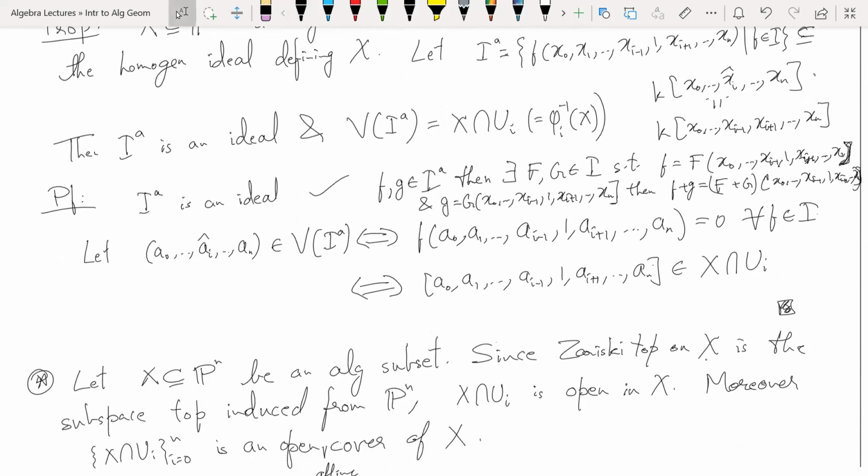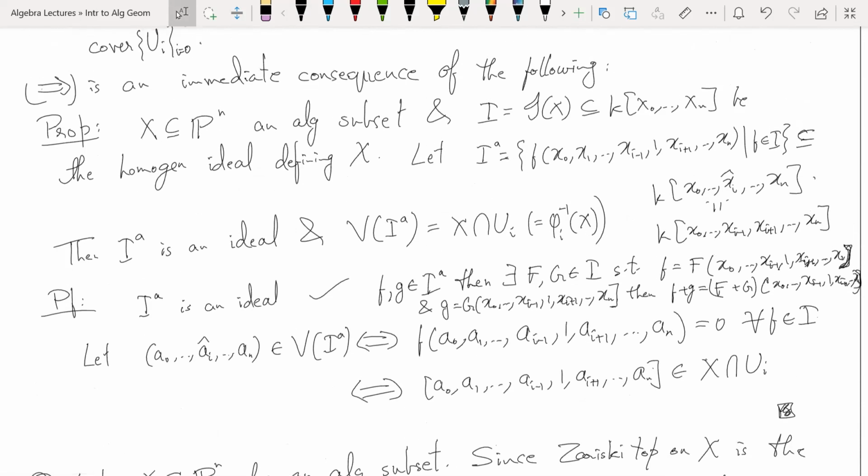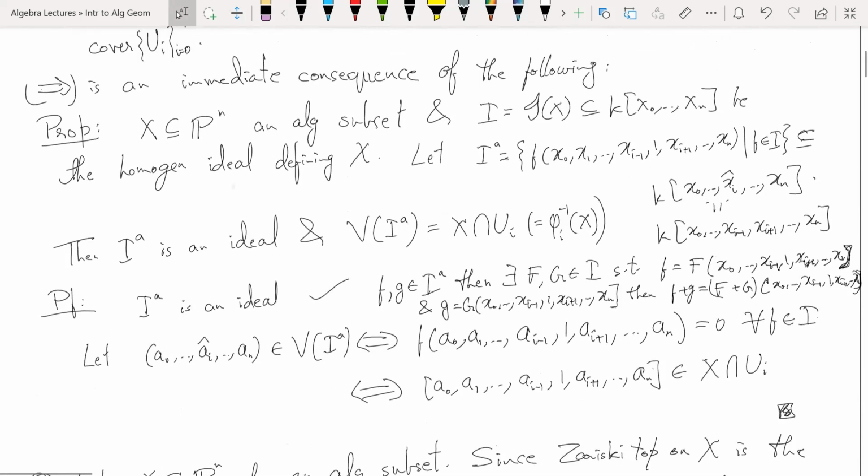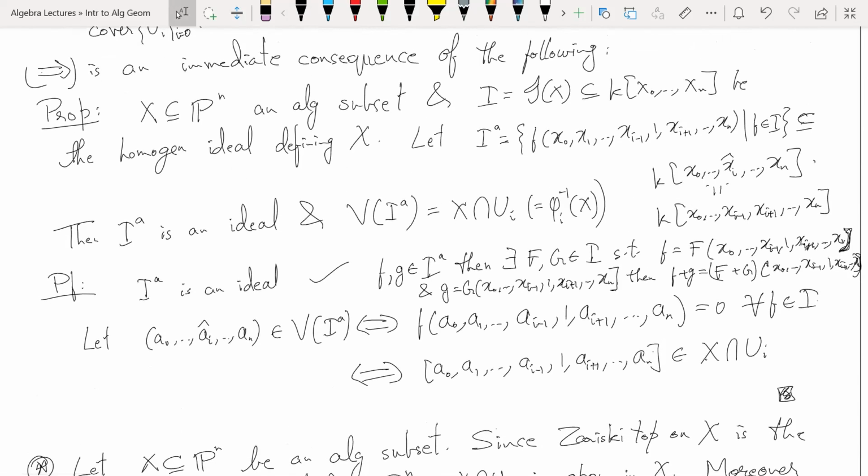So if f is in k[x0 to xn] without xi, and g is in IA, then of course g corresponds to some capital G, and for f you can make one up.